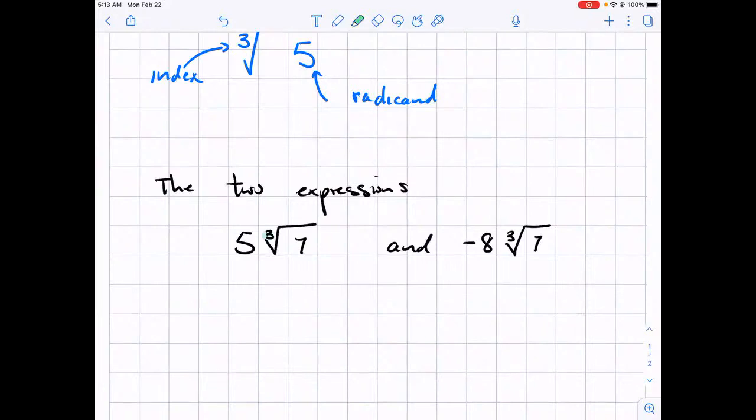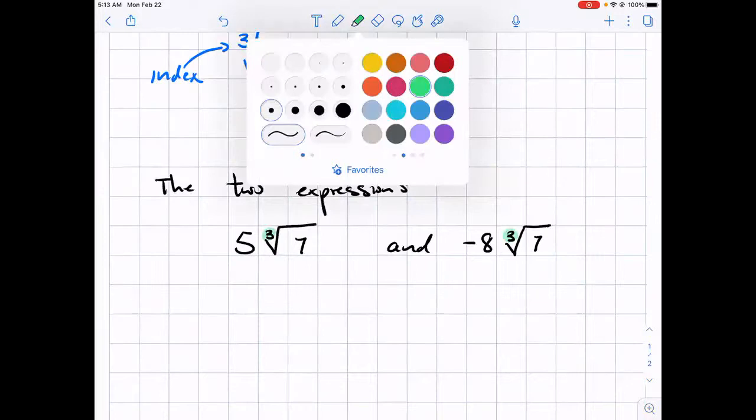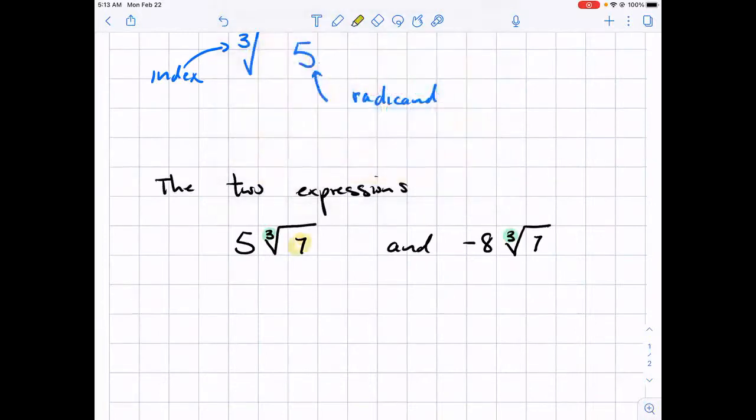Because notice that the indexes are the same, and the radicands are identical. The 5 and the minus 8 are just coefficients that are being multiplied by the radical. So that's very important to understand, so you know what similar expressions are.